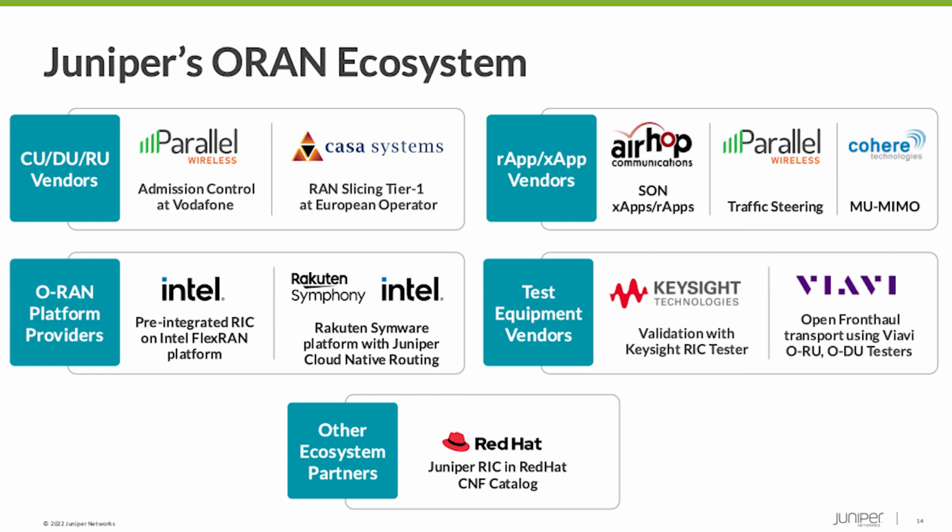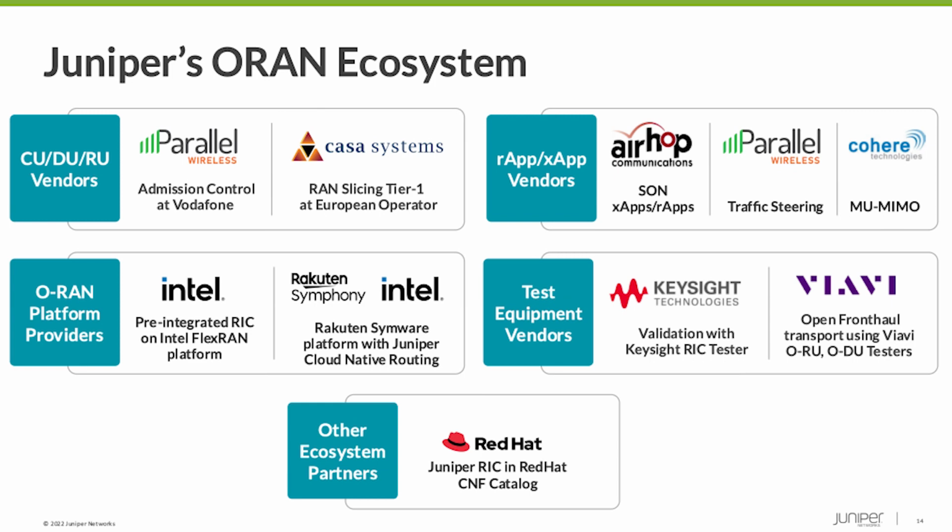We are working with Casa Systems, another tier 1 European operator, for the use cases of slice management and end-to-end slicing. We had a partnership with, and we still continue to have it, Intel, where the Intel FlexRAN stack is combined with the Juniper routing stack, containerized routing stack in Rakuten to deliver a 5G O-RAN-based network.